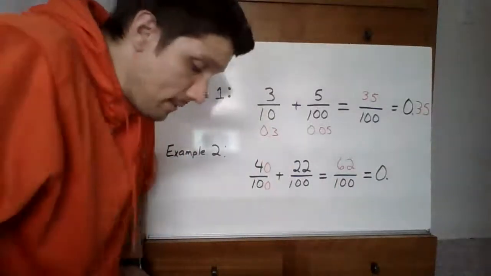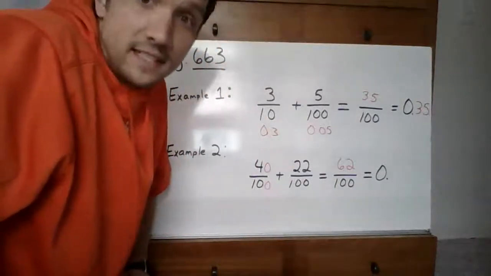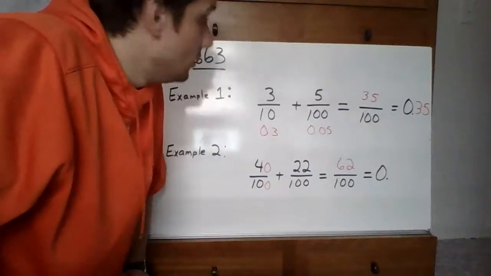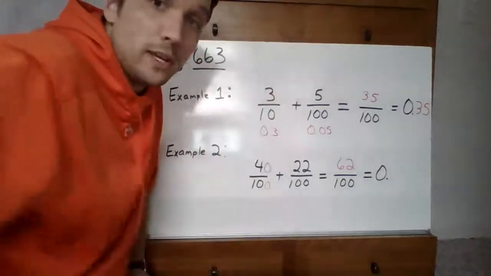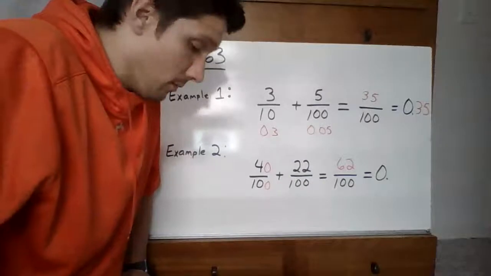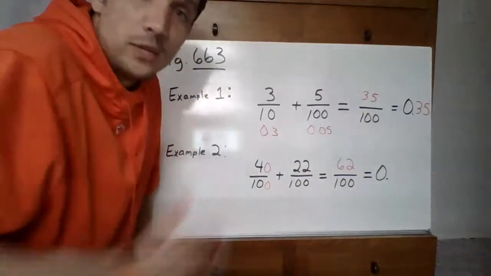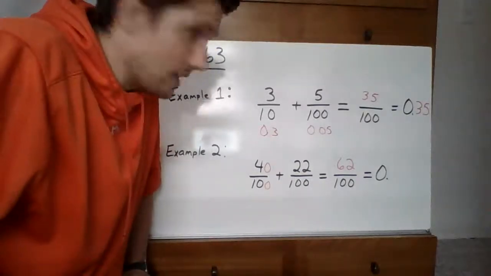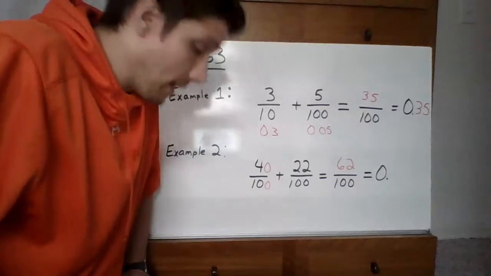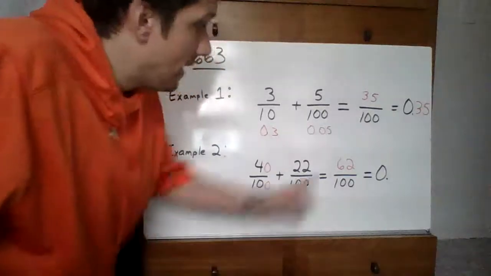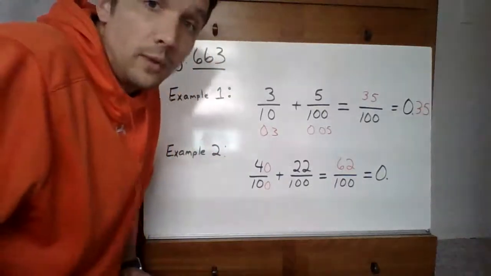And on the example problems on both page 663 and 664, you can see they actually have the grids already shaded in for you. So you can see visually how those decimals and fractions are being added. Now we have 62/100ths. How do we write that as a decimal?